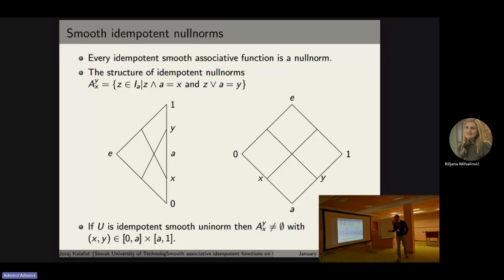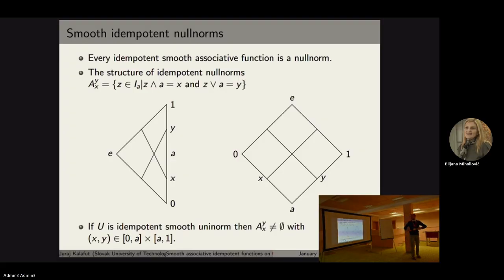And from this, it is possible to characterize and work with these smooth idempotent null norms, because if we get in this sense a maximum element of the set, then all the sets lying below have to be non-empty. So in the case of uninorms, where there is a neutral element at the top, all sets are non-empty.